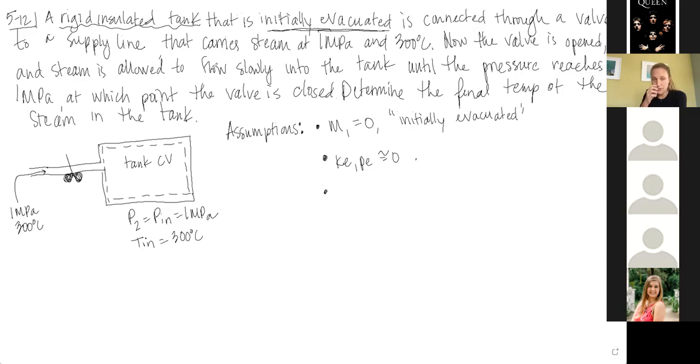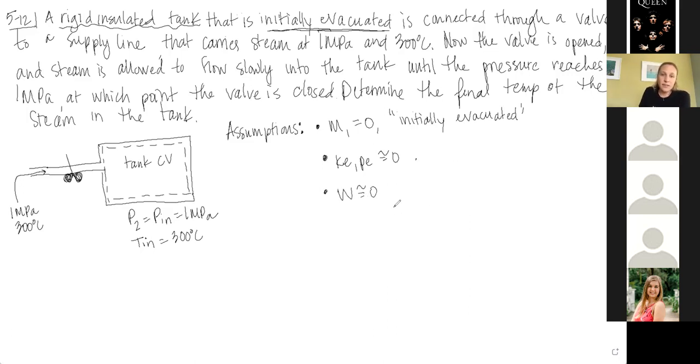Yeah, so Justin, rigid meaning that there's no movement, there's not going to be any real work that's being done, there's no piston, there's no additional work that's coming in from a shaft or a turbine or anything. So we can approximate that the work is 0.